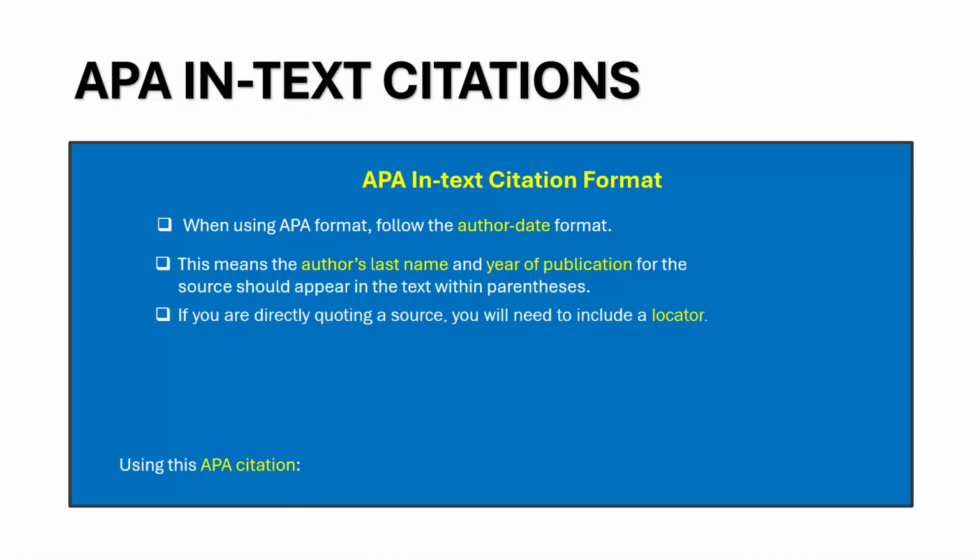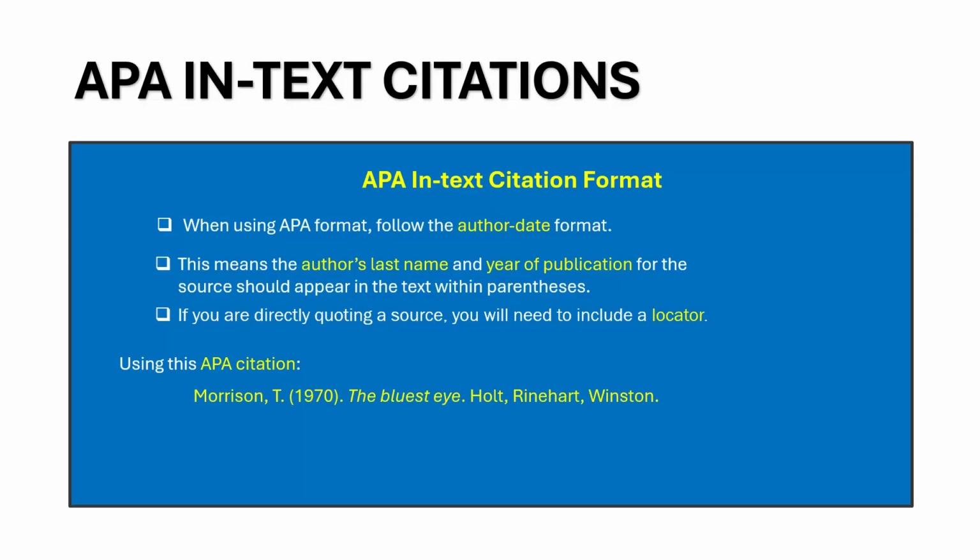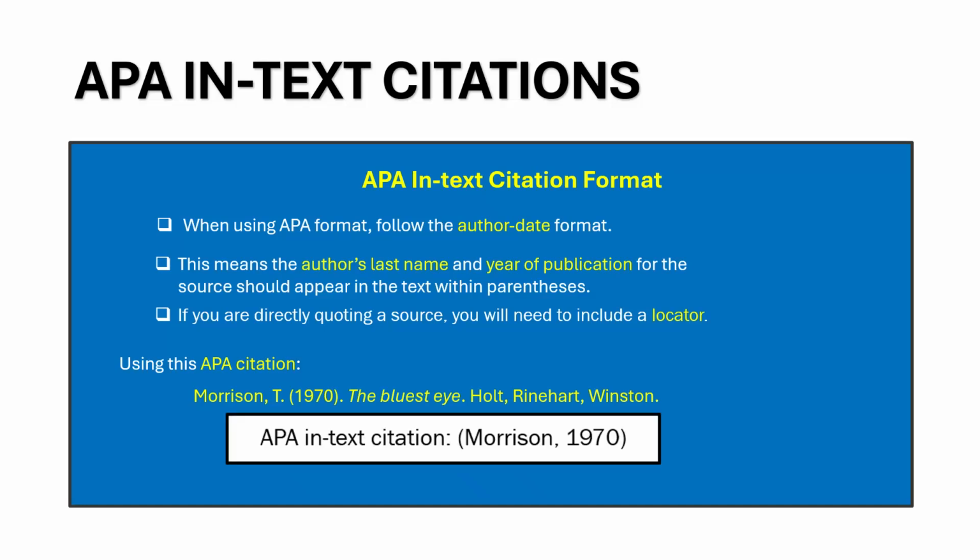Using the APA citation below, let's take a look at what an APA in-text citation should look like. From the citation, you can see that Toni Morrison is the author and the year the source was published was 1970. Hence, our citation would appear as Morrison, 1970 within parentheses.